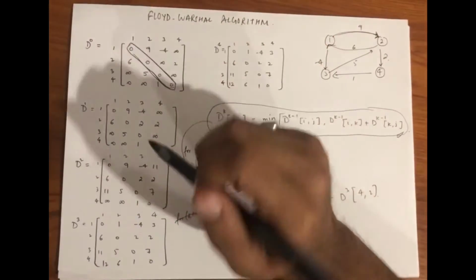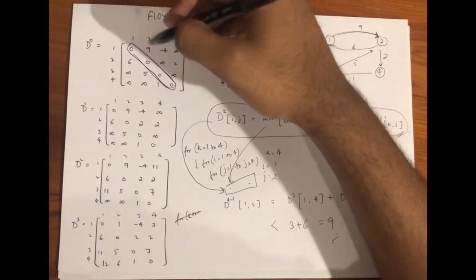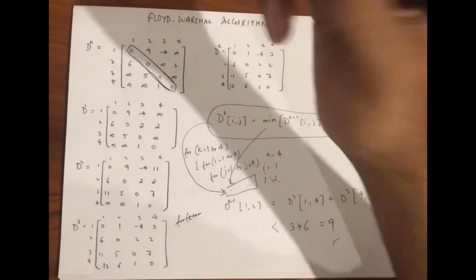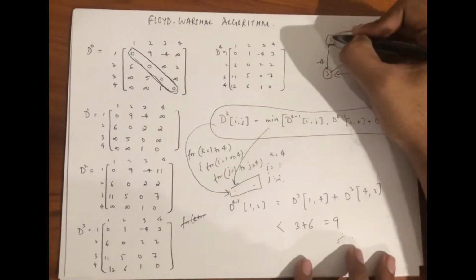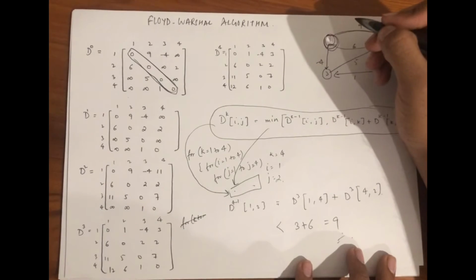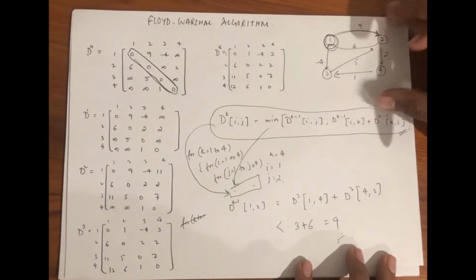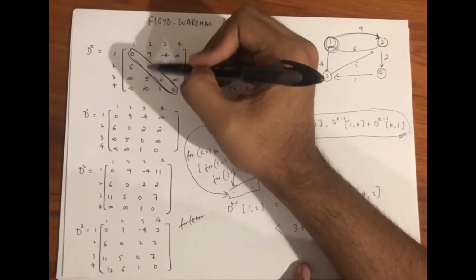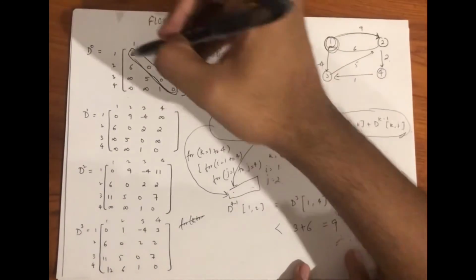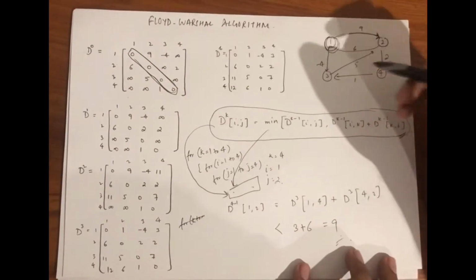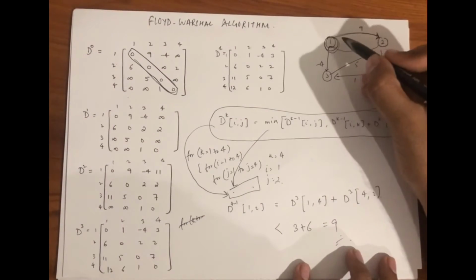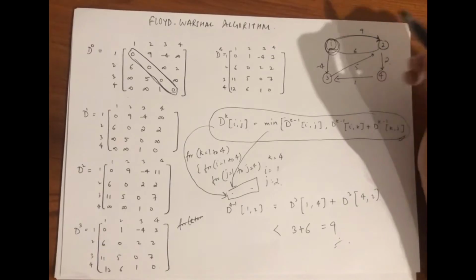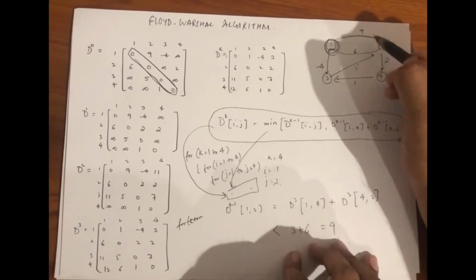I'll just show you how I made it. First we take the diagonals as 0, as we don't have a 1 to 1 vertex distance. If we consider this diagram, we won't have 1 to 1. Similarly 2 to 2 vertex distance is 0, so we take it as 0. Now, to calculate the rest, the edge weight from 1 to 2 is 9.